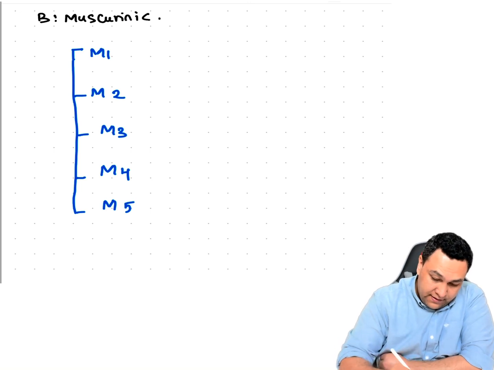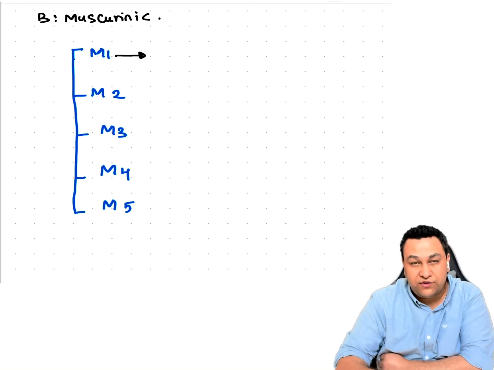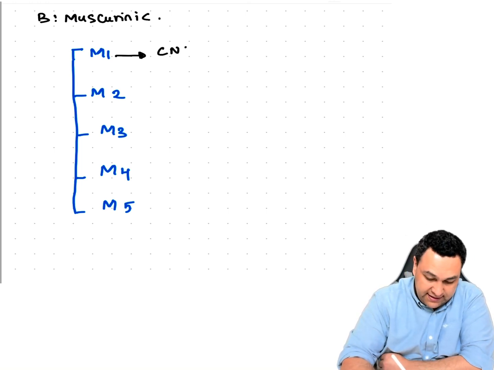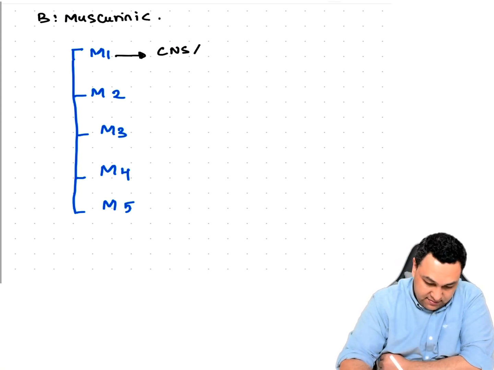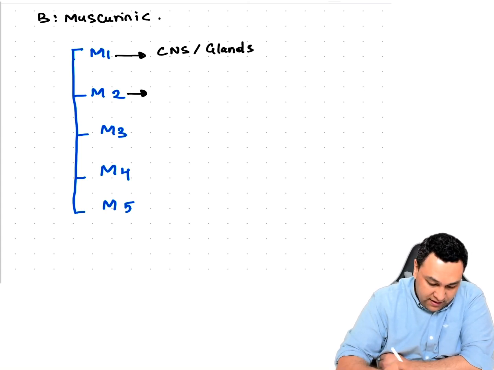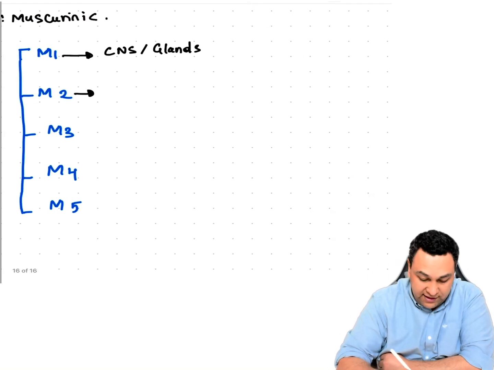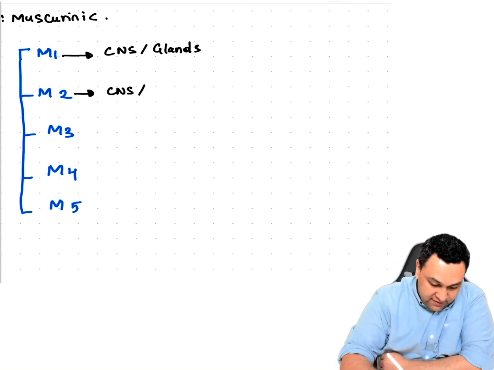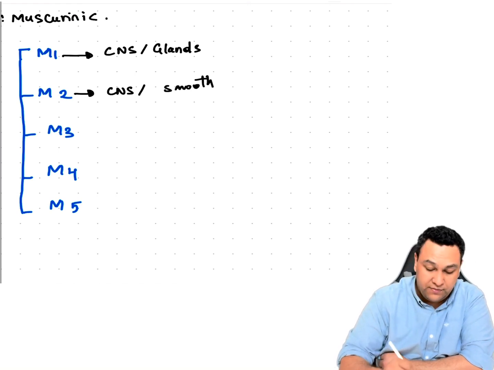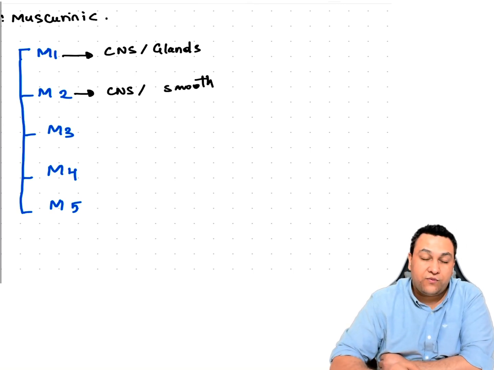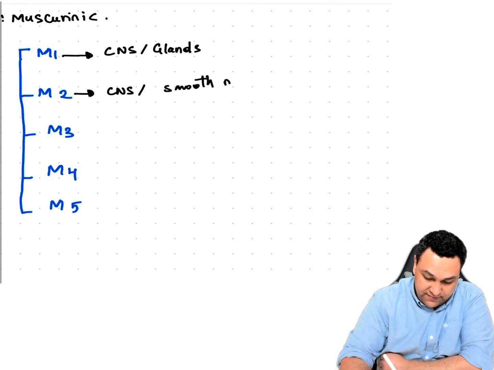Now let's discuss a little bit about their differences. For example, M1 is usually located in the CNS, and it could also be seen in a lot of glands. M2 could be seen mostly in the CNS, as well as in special smooth muscles. We'll see what kind of effects M2 brings if we stimulate them in smooth muscles.